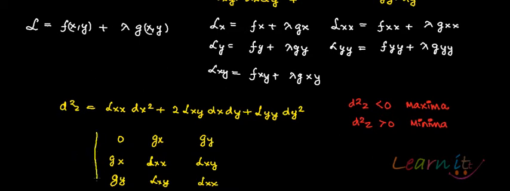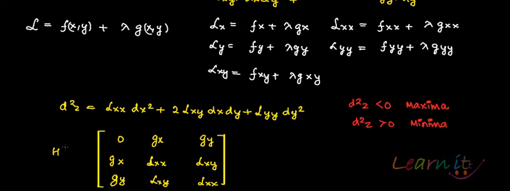Okay, let me just put it properly. So this is the bordered Hessian matrix. It is bordered by the first order partial derivatives of the constraint function, and then you have the second order derivatives of this Lagrangian function.